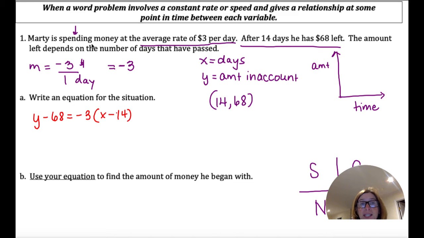So we're going to put this into slope-intercept form. So I'm going to distribute my -3. And that's going to give me y minus 68 equals -3x plus, what is that, 42? And then I'm going to add 68 to both sides.